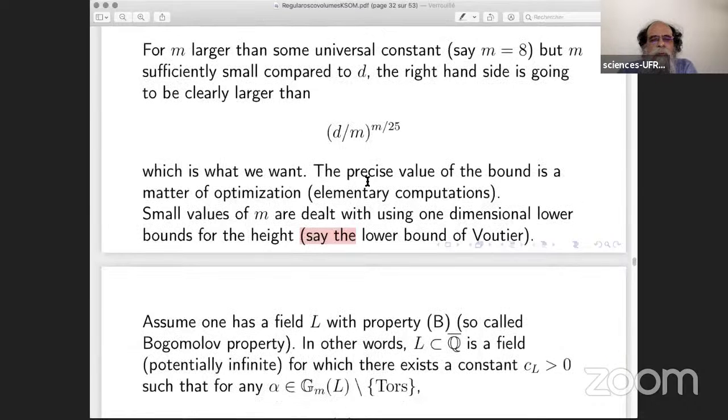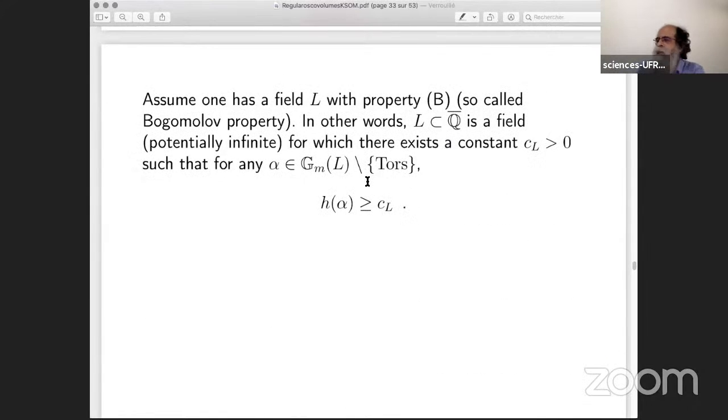So now we turn to the periodic fields or the CM fields. So you say that a field has property B if the height is bounded below by some constant that depends only on the field, for any point.